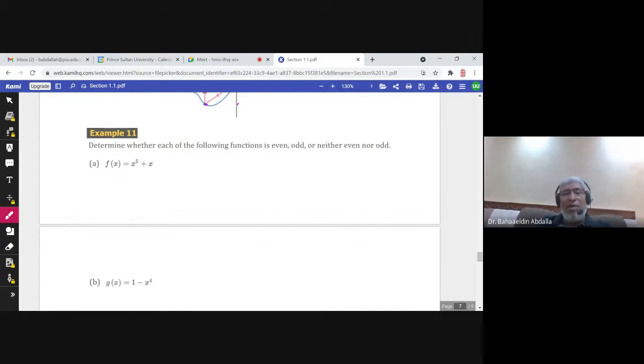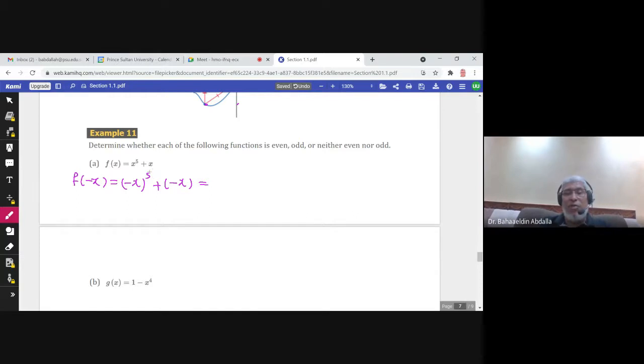Now, example: determine whether each of the following functions is even, odd, or neither even nor odd. How to find out? I find f of negative x. I replace x by negative x in the power 5, and then this x also is replaced by negative x.